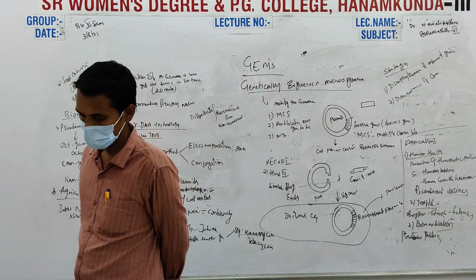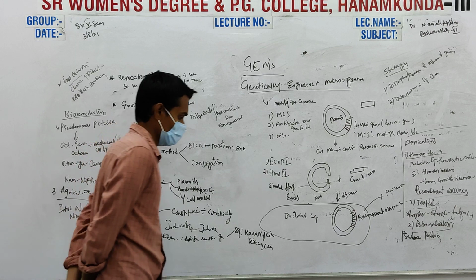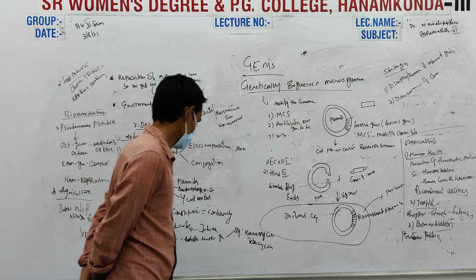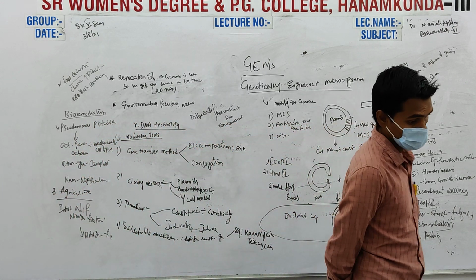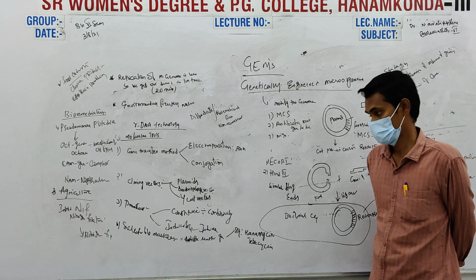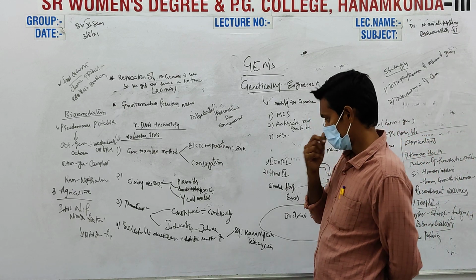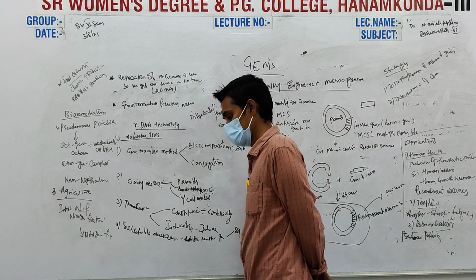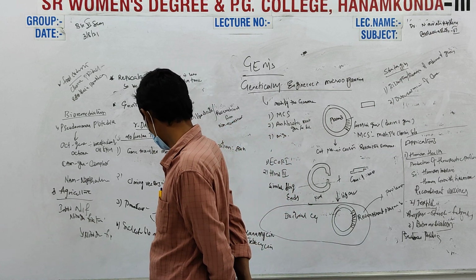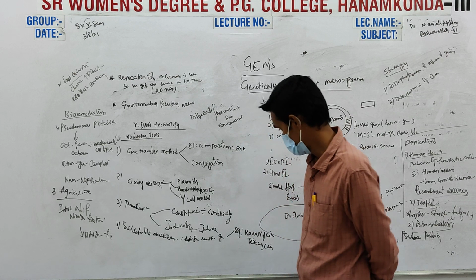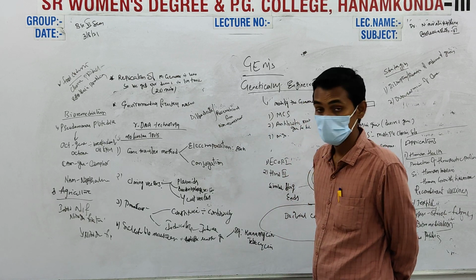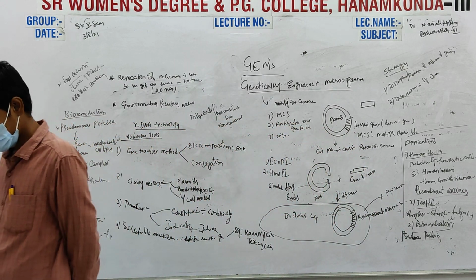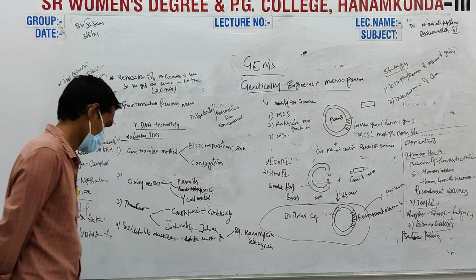This foreign gene insert is carried by a vector, a cloning vehicle. We have different cloning vectors, that is plasmids, bacteriophages and yeast vectors, based on the size of the insert that we are going to insert in the host genome. Coming to promoters, there should be a promoter to increase the expression of the foreign gene: a constitutive promoter, which continuously expresses the protein, and an inducible promoter, which induces expression only in the presence of an inducer.